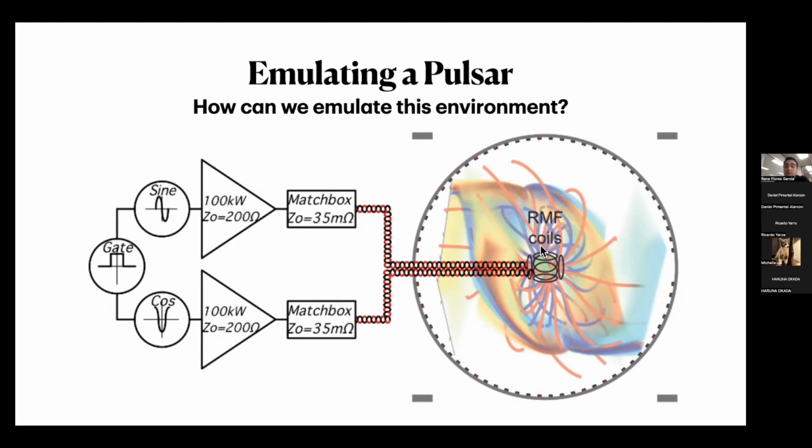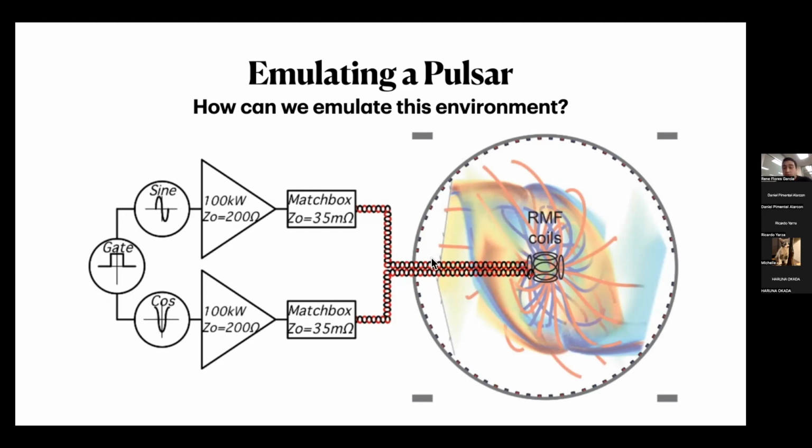How are we going to feed the RMF coils? It's here. This is the electronics. We expect to have some source of energy which we can divide into two channels. One's going to be a sine channel, and the other one's going to be a cosine channel. For those of you who know math, these are trigonometric functions. For those of you who are into electronics, we're going to have a function generator with two channels, in which in one we can create a sine waveform, and in the other we can create a cosine waveform.